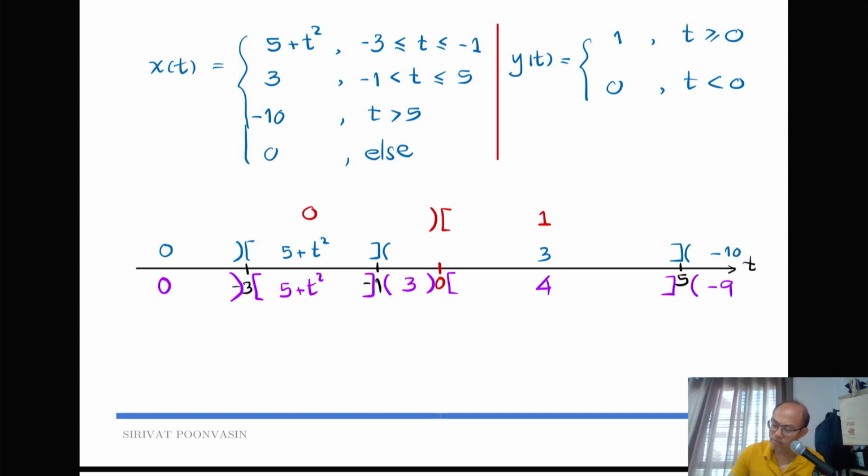So now we have z. We pick them up. The first one would be t squared plus 5 over the interval starting from -3 ending at -1, so -3 less than or equal to t less than or equal to -1.